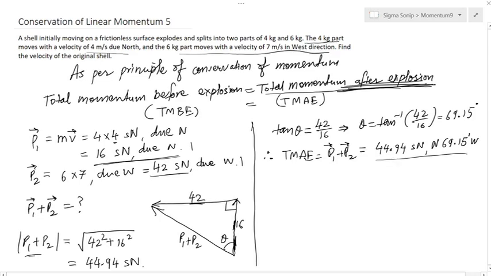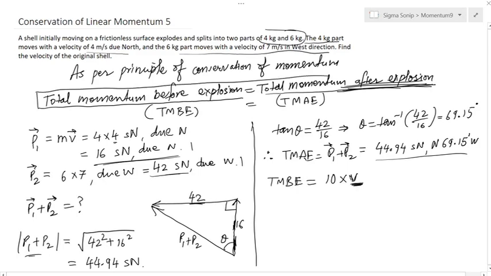Now this momentum should be equal to total momentum before explosion, right? Before explosion we have only one piece, so total momentum before explosion is the mass of our object, 10 kilograms, because the shell is split into 4 and 6. So 10 times v, where v is the velocity that we need to find. As per the principle of conservation of momentum, these two momenta should be equal.